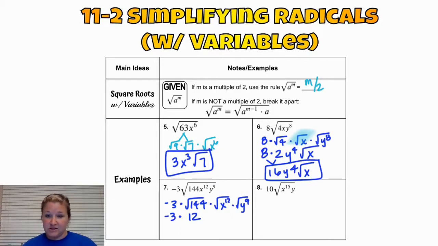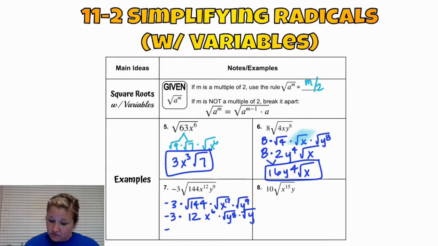And then I'm going to take my exponent for my even one, and I'm going to write that as x to the 6th. And I did not split this up. So I'm going to have times y to the 8th times the square root of y. So the square root of y to the 8th times the square root of y, because I have to remember that 9 is not an even number, so I can't take that there.